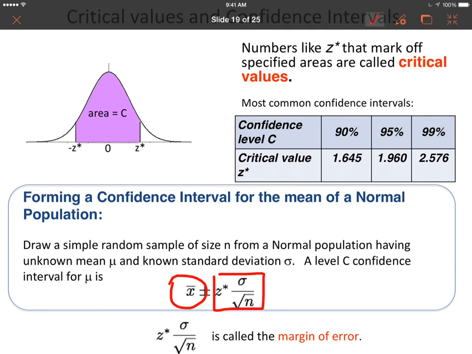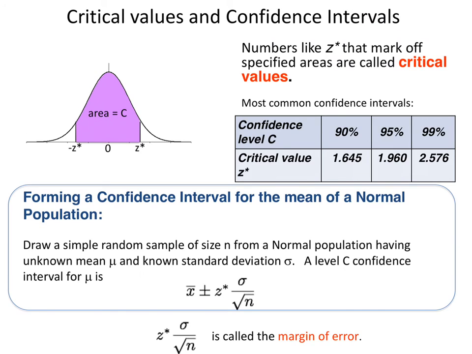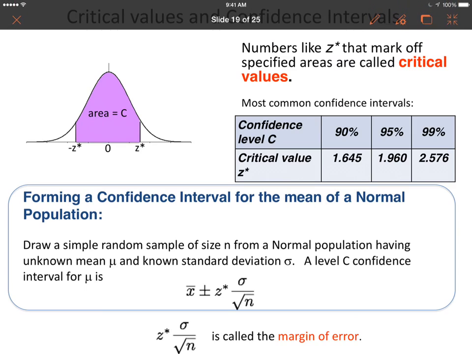Standard deviation is just given to you. And this z star is a special value that comes from our normal distribution. So z star is the z-score that has an area of C between negative z star and positive z star.